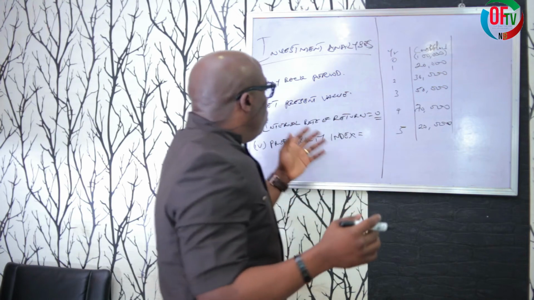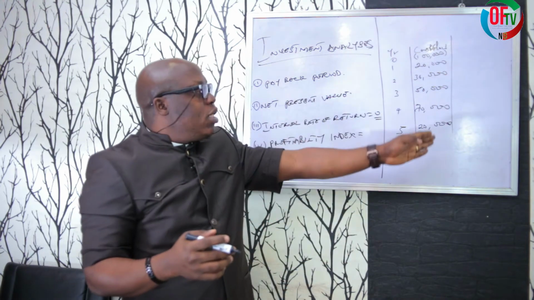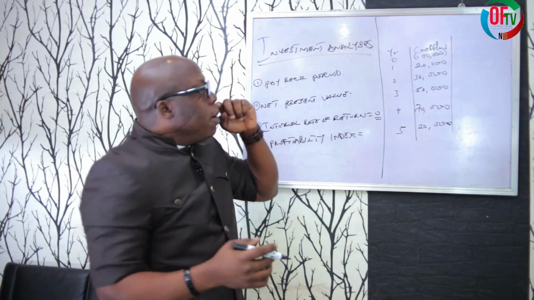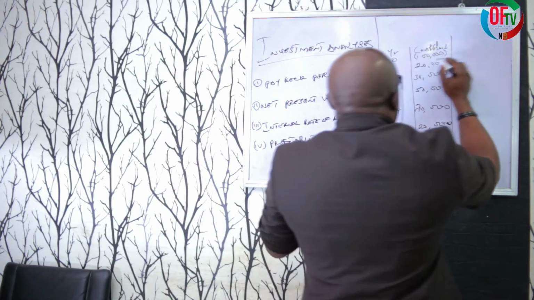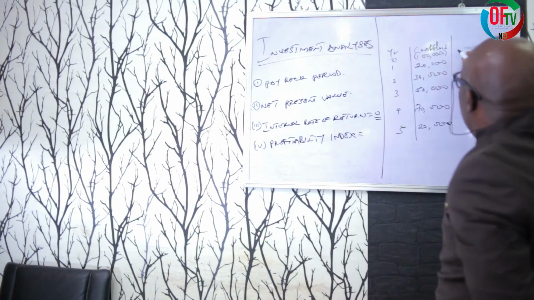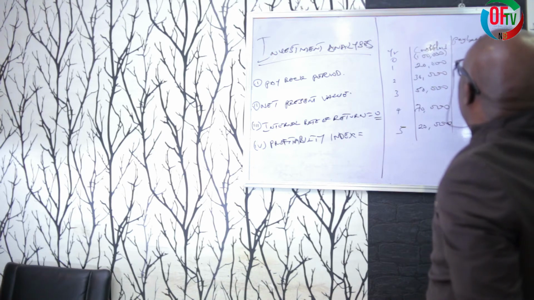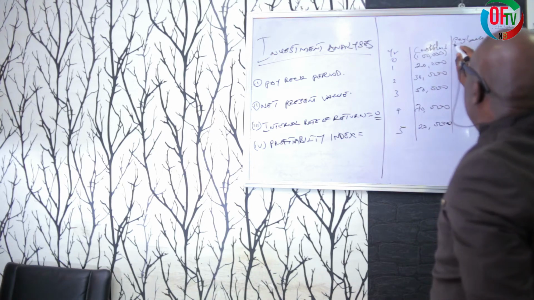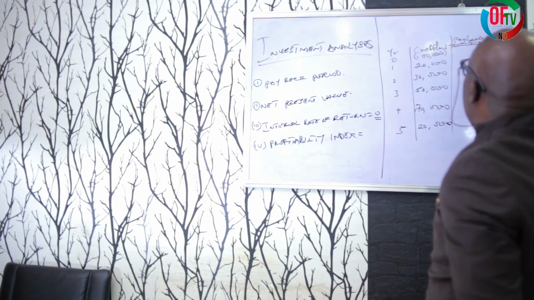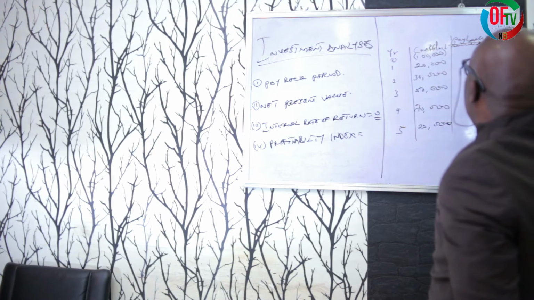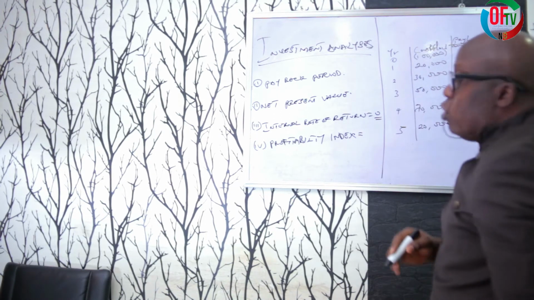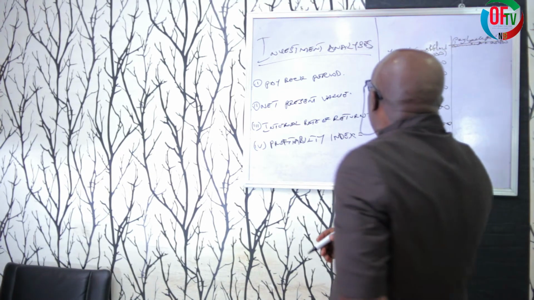Now, let's look at the payback period with just this analysis. If you look at year 0, we are looking at payback period here. Then you look at the cumulative cash flow. These are just little examples for us to understand what we are talking about.